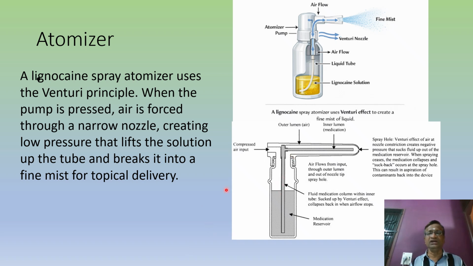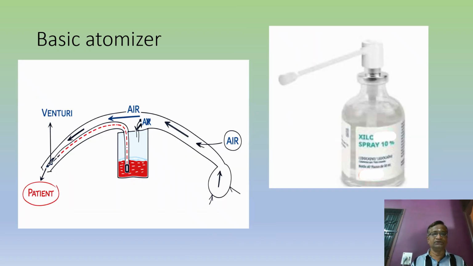Now if you create a pressure here, it will go here and push the drug, and the air is also going outside, and there is a small narrowing here. This creates a Bernoulli-Venturi effect that sucks in the drug onto the patient. This is a simple atomizer, the lignocaine spray.